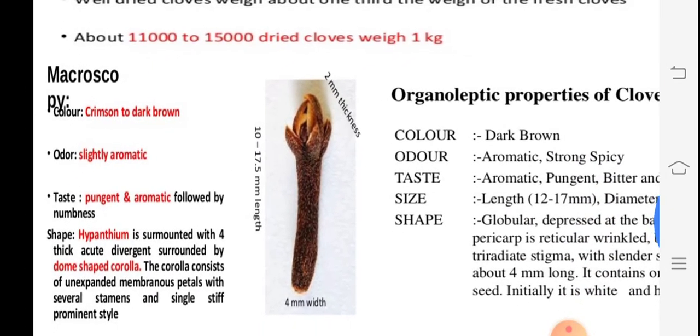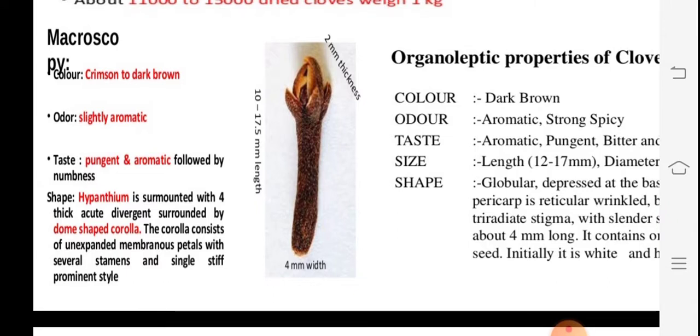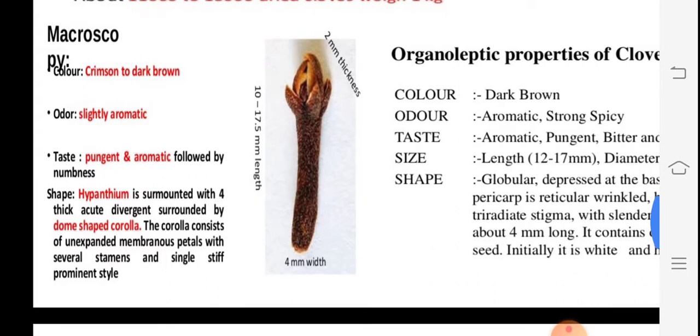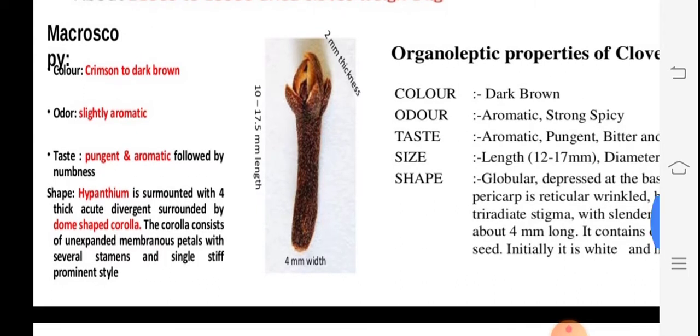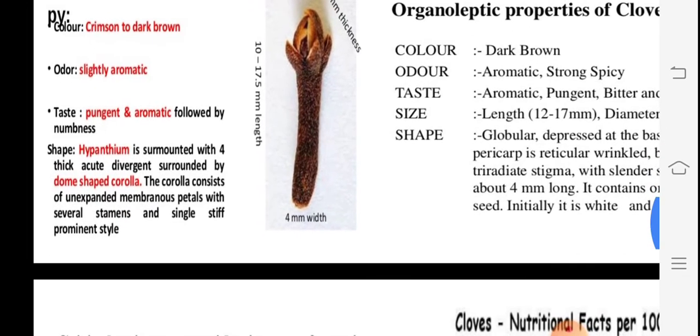Then in morphological characters, macroscopy: the color is crimson to dark brown, odor slightly aromatic, taste pungent and aromatic. The basal portion is called the hypanthium. It shows the ovary part also, and the size is maximum up to 12 to 17 millimeter.